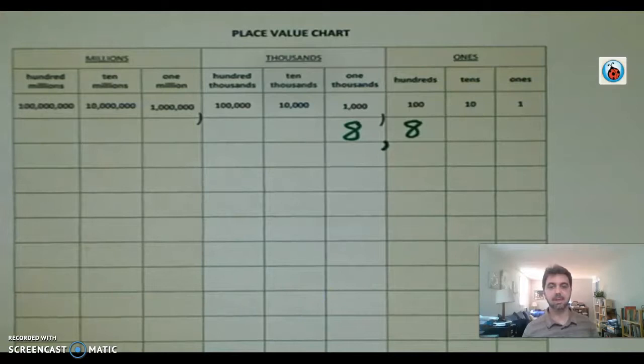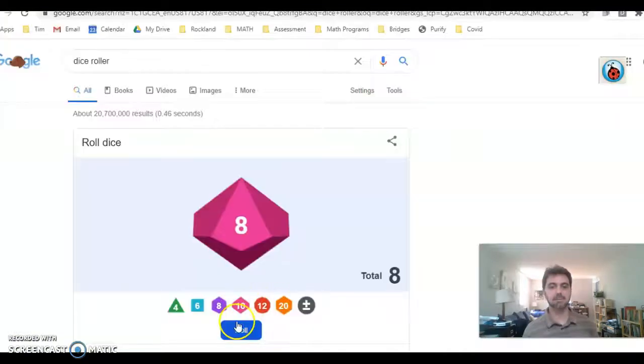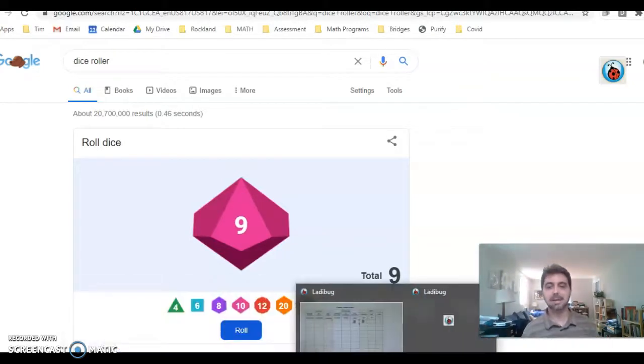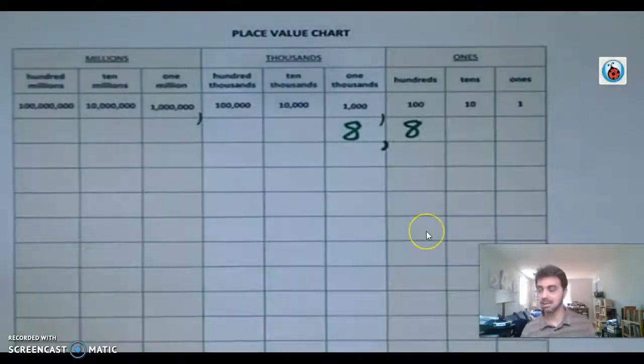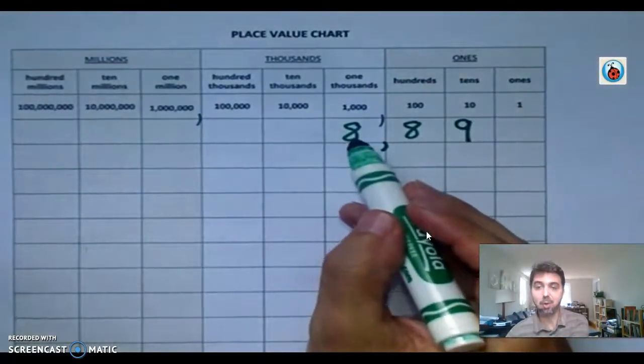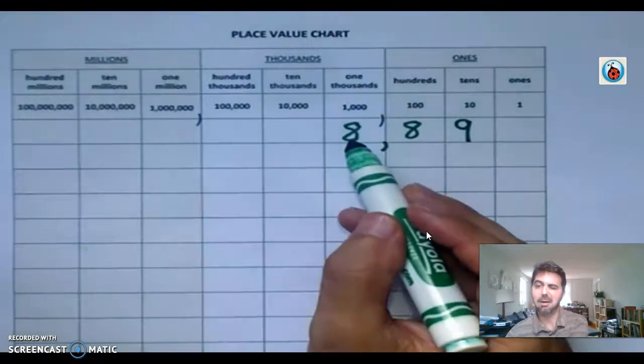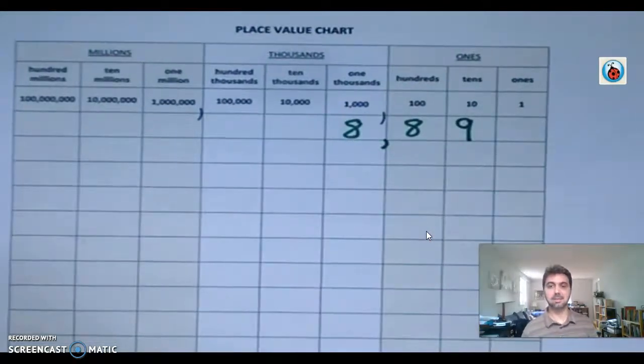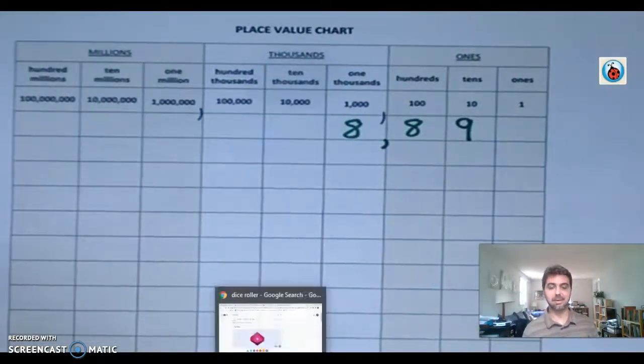Let's roll it again. Oh, it's a 9. I can't believe it. Now I cannot make the highest number possible. But maybe you did. If you kept the thousands place open, you could put your 9 there. Oh man. We've got to roll it one more time.